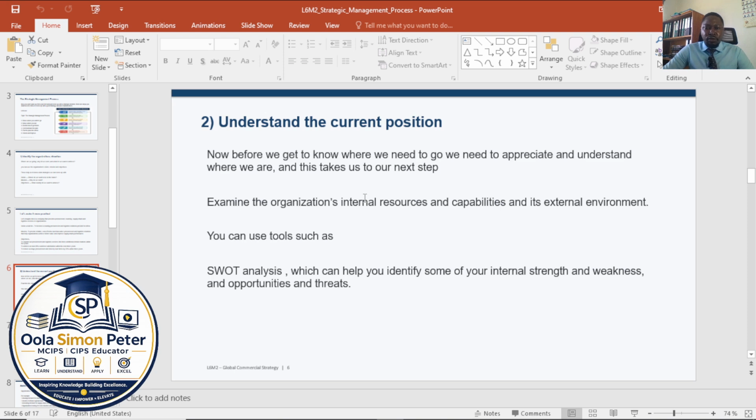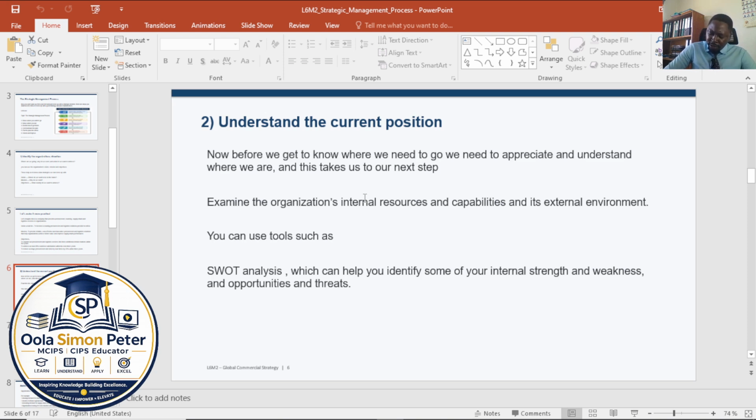Now, before we get to know where I want to go, we need to appreciate and understand our position in detail. That means we have to examine our internal capabilities and also the external environment for us to be able to understand exactly our position. Are we at a good advantage, or are we at a disadvantage?